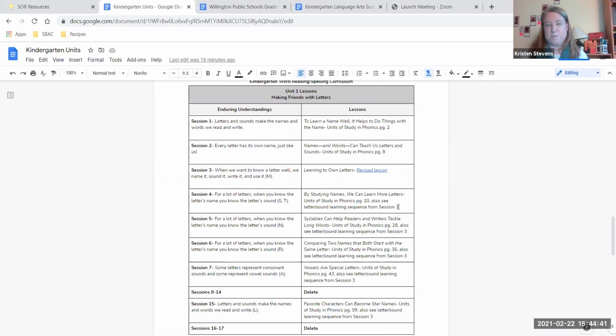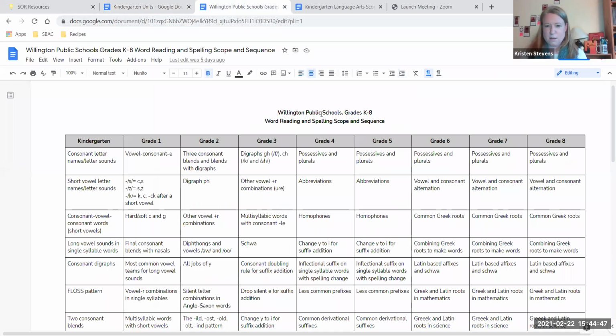And you're only referring to the word reading spelling curriculum. Yeah. Because the K2 Readers Workshop Phonics program is only K2. And so then you're going to use the other resources. Gotcha. We haven't had anything for 3 through 8 in a very long time. So basically it's been, well, I wouldn't say that. We were using Words Their Way in grades 3 and 4 for a period of time.